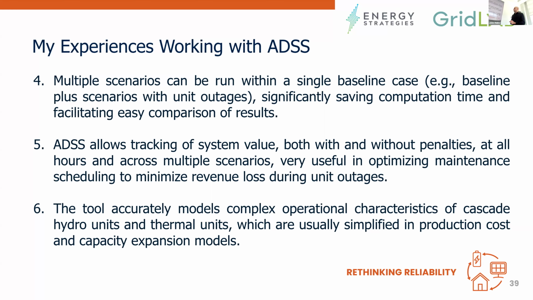And for scheduling maintenance, you can use more scenarios. In one of the scenarios, for example, big gas 1 thermal units are on, and in the next scenario they are off, and you can assess different time frames for doing that maintenance and track how the objective function changes. So we want the times that lose less money for doing the maintenance.